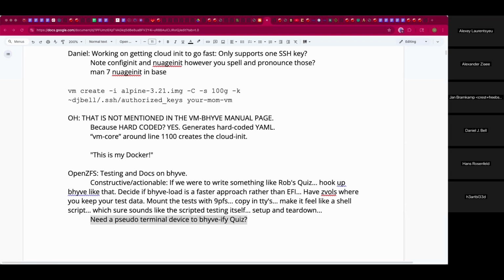So to Beehivify Quiz, do we need a pseudo terminal device? A native pseudo terminal device? Well, POSIX has APIs to do it, and the different operating systems do it differently. So the pseudo terminal stuff may even be portable to Linux in theory. But of course, we don't have vHive, so there's no need for them to have this.